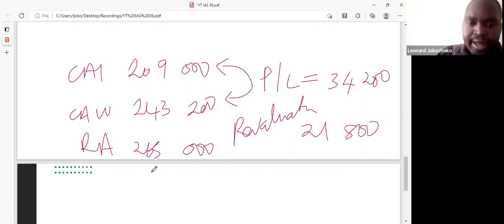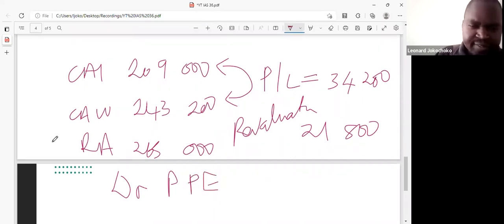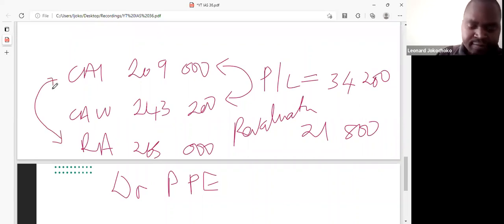To record this, I would go and debit or increase my asset, my PPE, by the change from 209 to 265. 265 minus 209, my asset increased by 56,000.